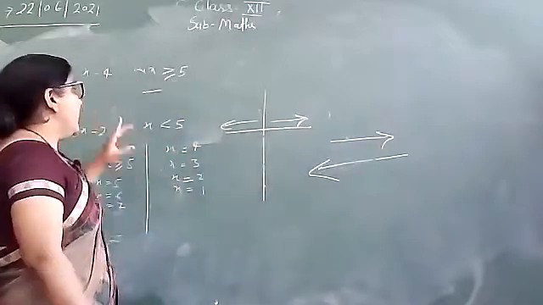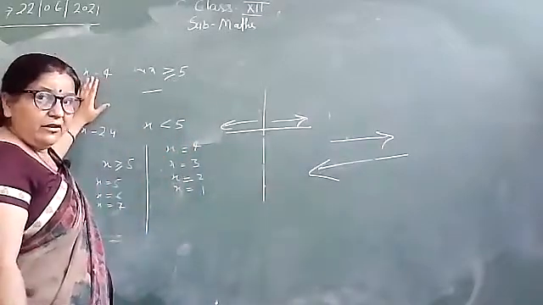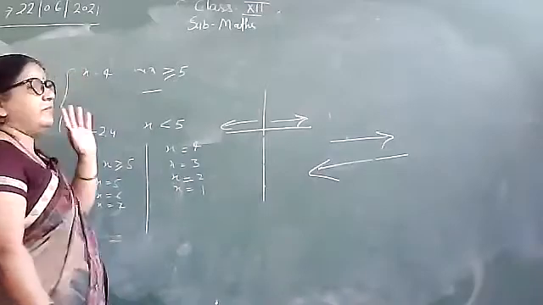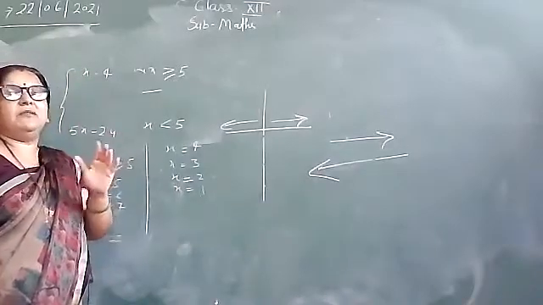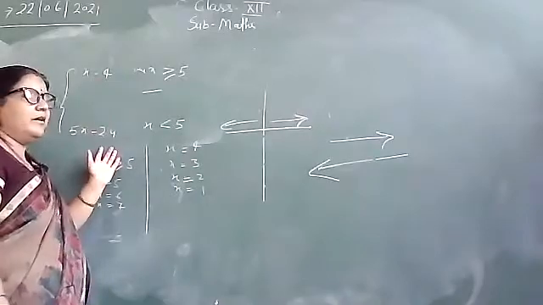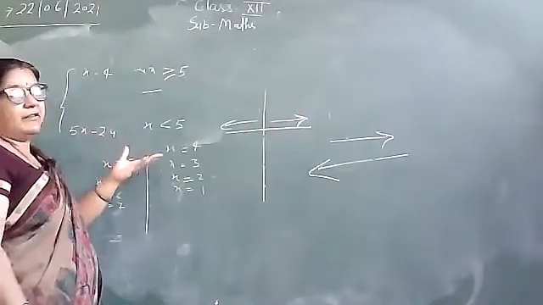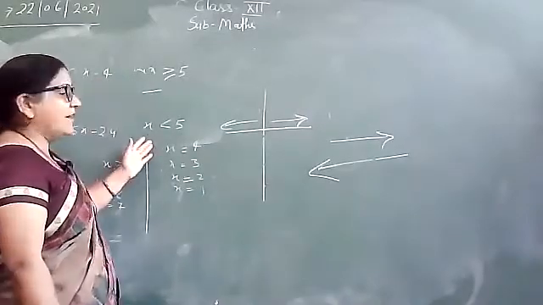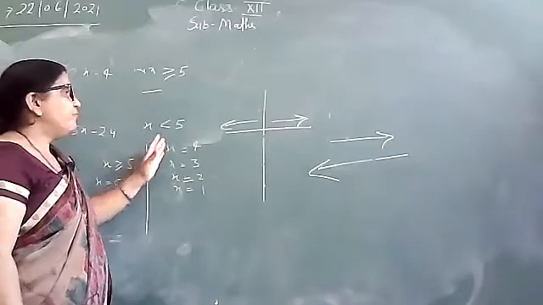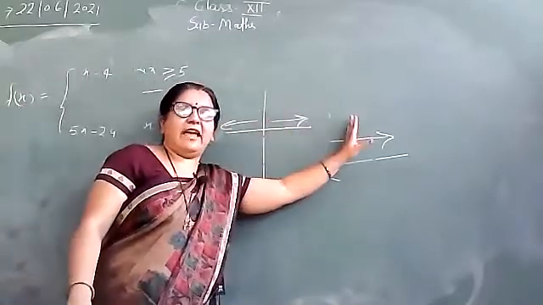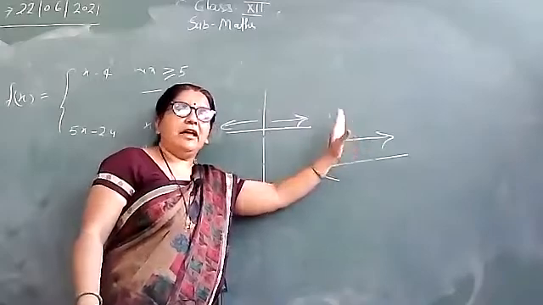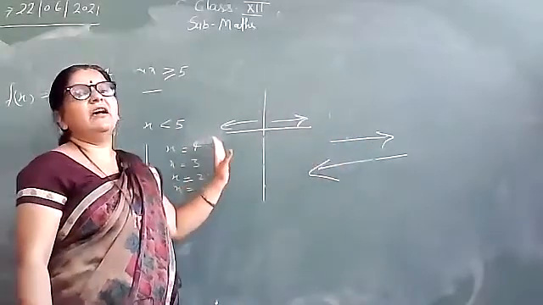Let's see. We use this type of question. In this type of question, when we take the LHL, then we use the upper limit and the lower limit. But why do we take upper and lower? This is a final condition. When we go this direction, that means this is positive, and when we go this direction, this is negative.